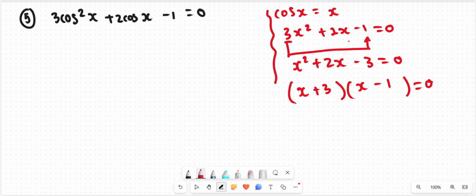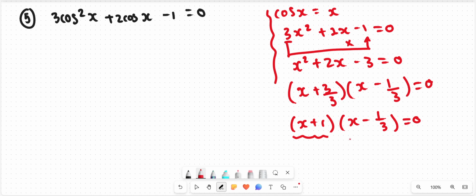But just as much as I multiplied across with that 3, I need to come and divide these factors by that same 3. The first one simplifies quite nicely. The second one I could just leave like that, and all I need to do at this point is take this bracket, make it equal to 0, take this bracket, make it equal to 0, and solve for those.